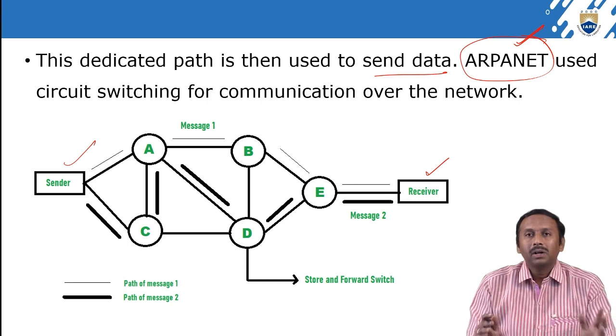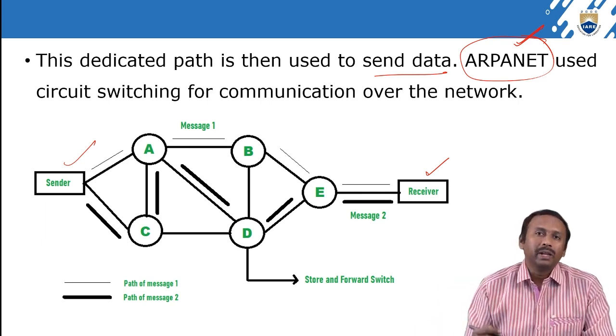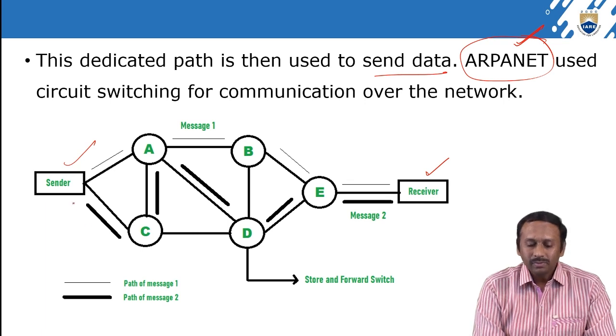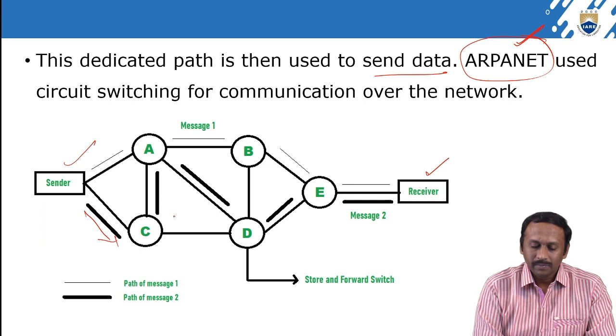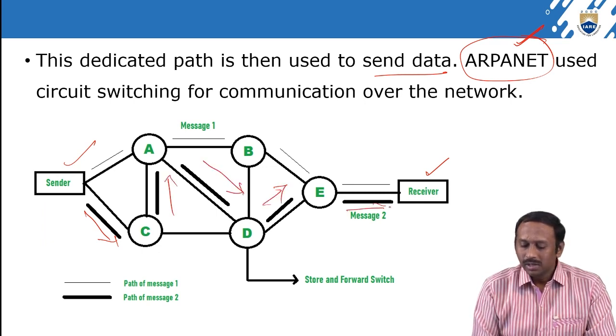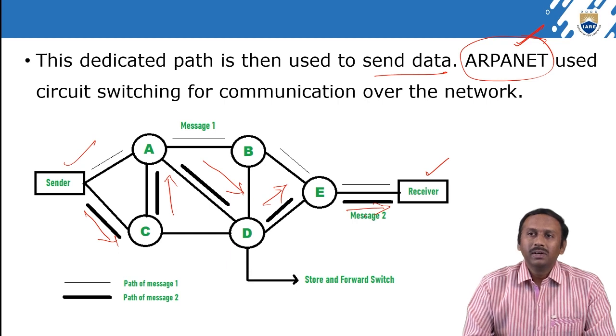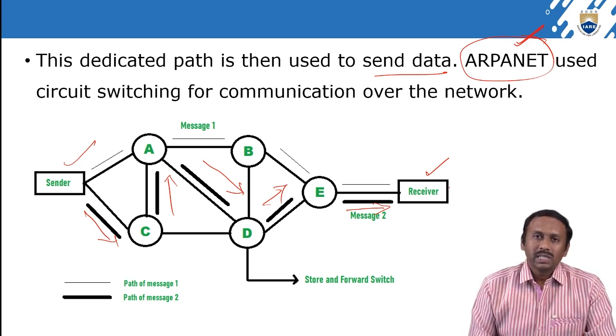There are multiple dedicated paths available from sender to receiver, and the sender transmits with one dedicated path like this. Like this, the data is transferred from sender to receiver, and here the message is transferred like this.